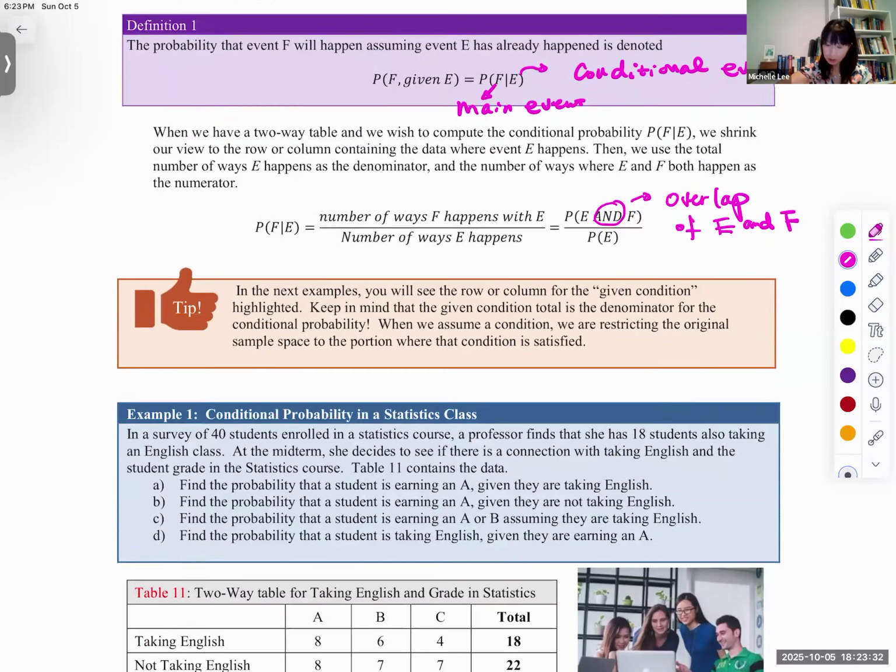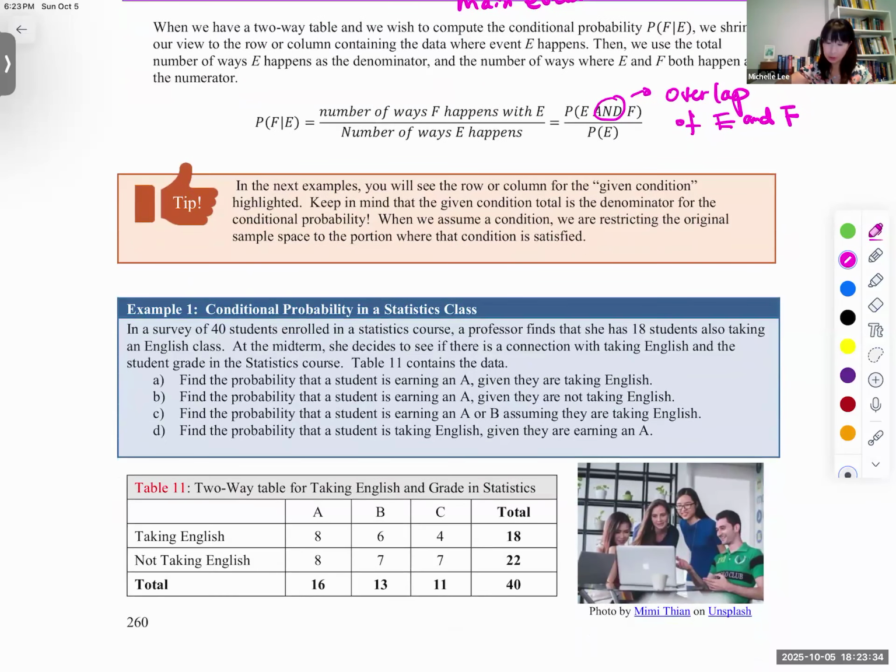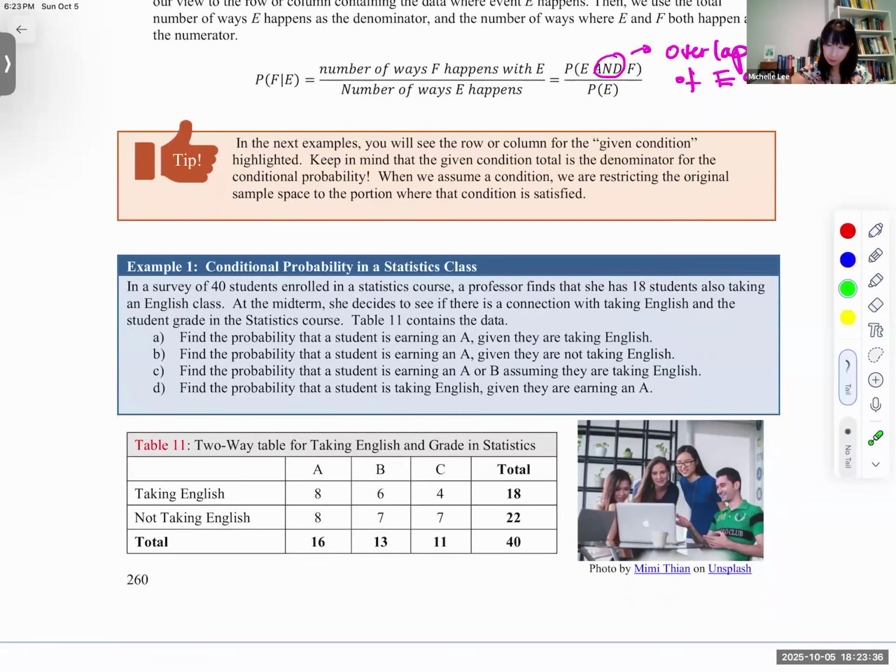All right, then let's do this example. We want to find the probability that a student earns an A given they are taking English. So every time there is a given, that is the event E that has already happened.